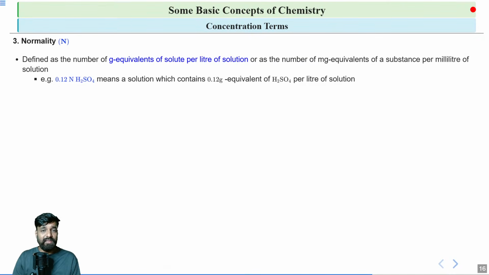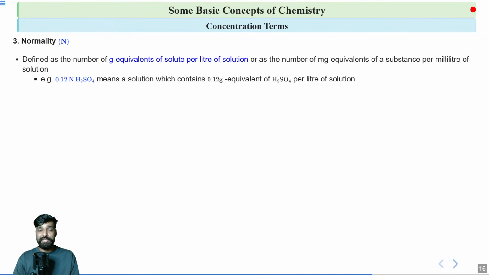Suppose you are taking one molecule of H2SO4 and one molecule of NaOH. If you do the reaction of these two molecules, what will happen? Your one H2SO4 will give 2H plus, whereas your one NaOH will give 1 OH minus.